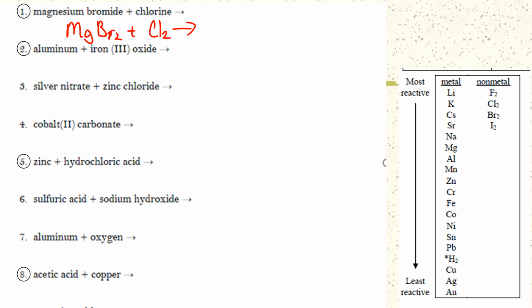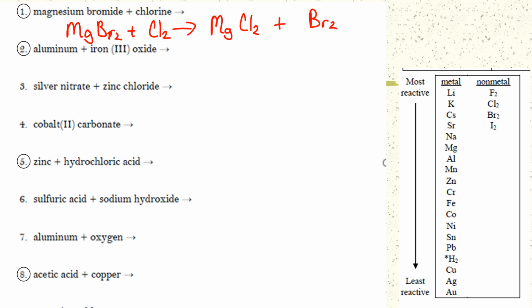So the reason why is because chlorine is higher than bromine. The element by itself is higher than the one above it. So that means we get magnesium chloride and then bromine by itself. All right.